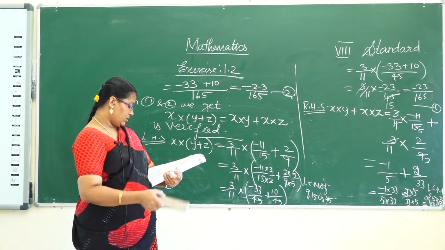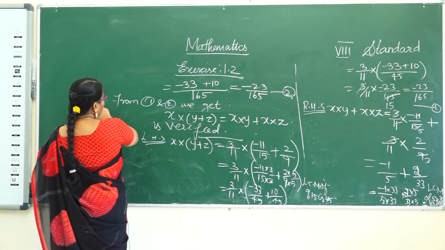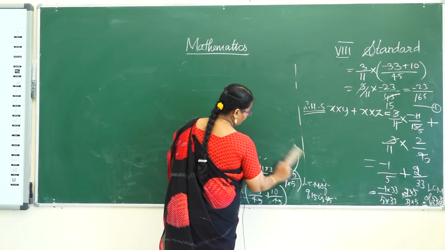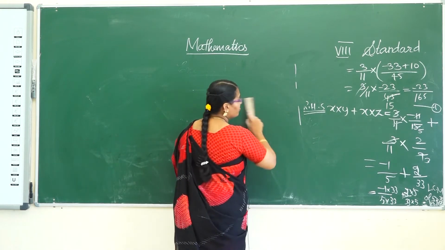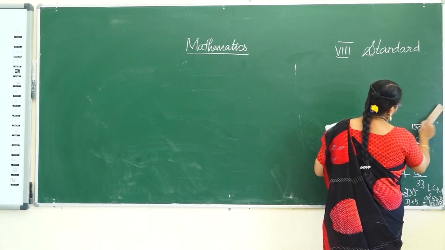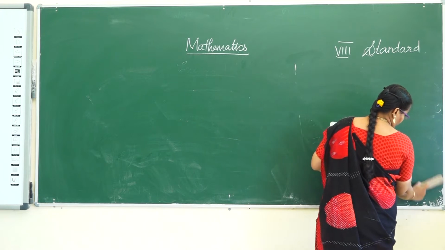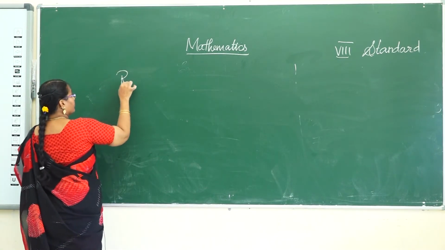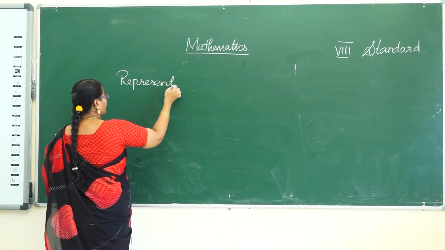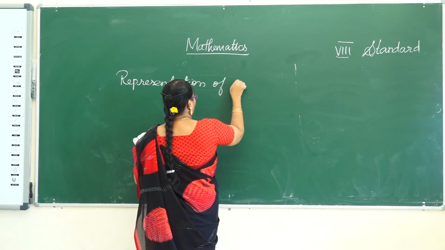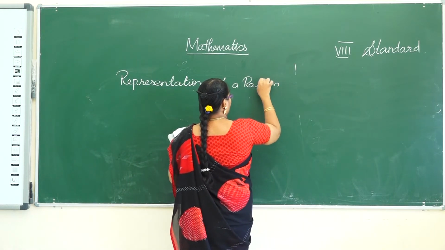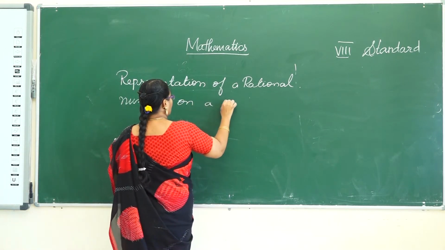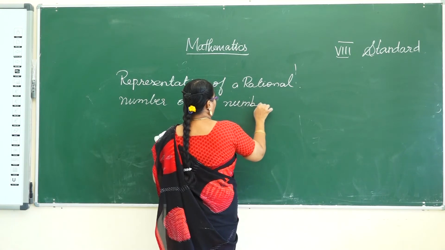Okay. Now we are going to see the next concept, representation of a rational number on a number line.